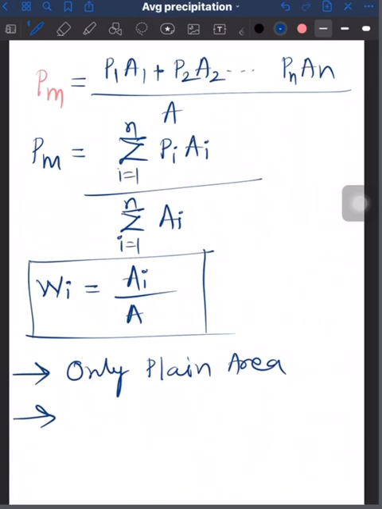The elevation of that particular area is not taken into consideration, so it is suitable and most effective for only plain areas. As it is not calculating the mean precipitation from the topographic point of view, here comes our third and last method.